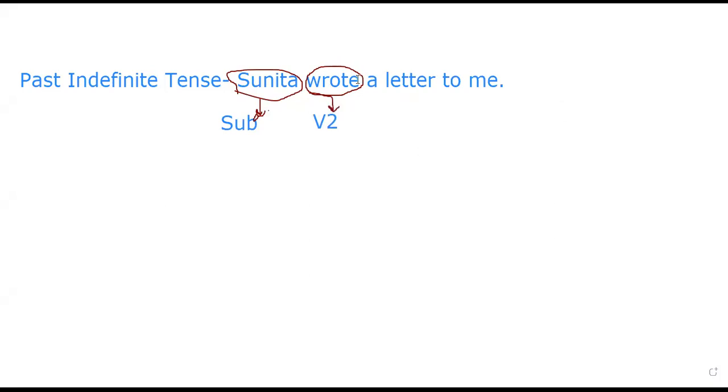A letter is an object, and me is also an object. So here two objects are there.